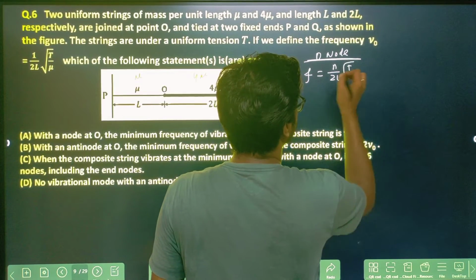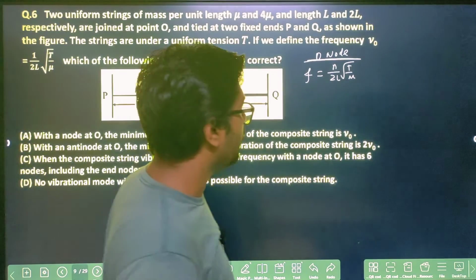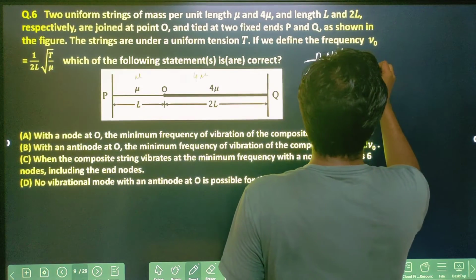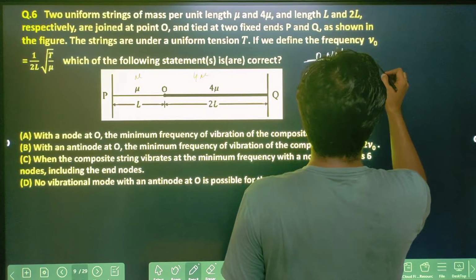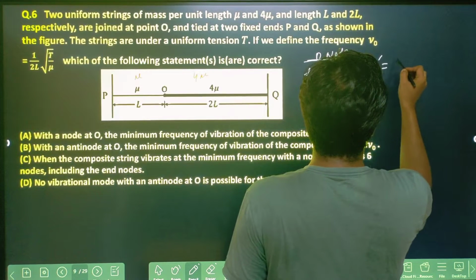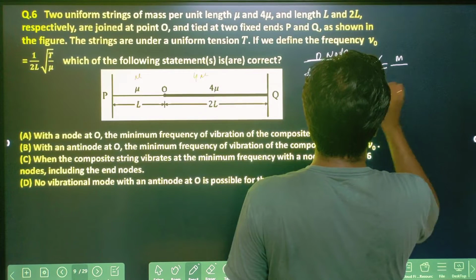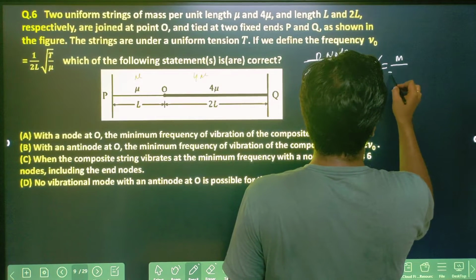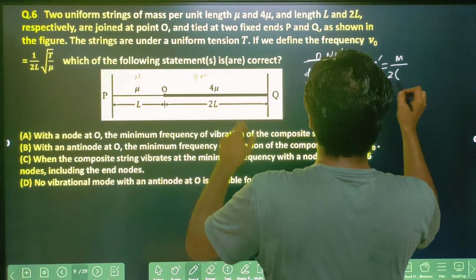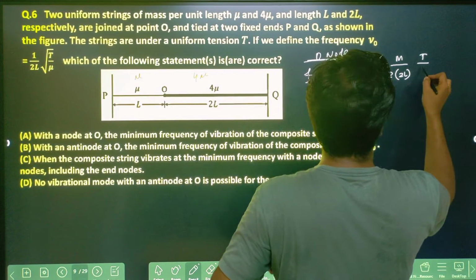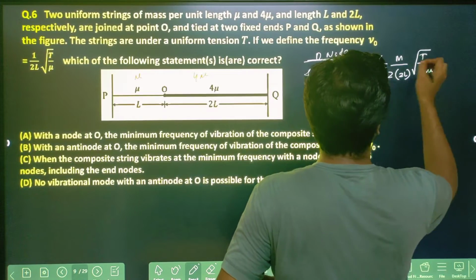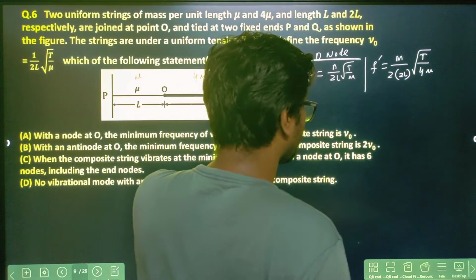This will come, right? And for the OQ string, I am writing the frequency F dash, that will be again M, here N, here M, 2 into length, here 2L, into root over T by mu, 4 mu here. Clear?